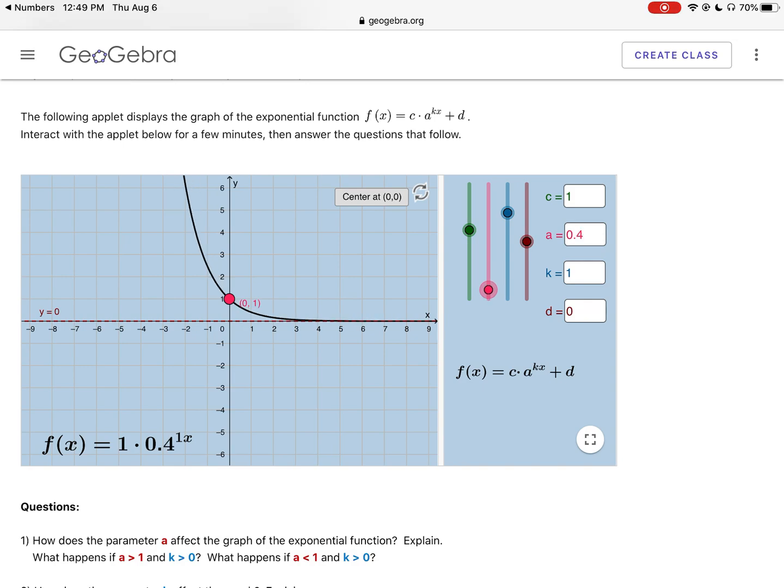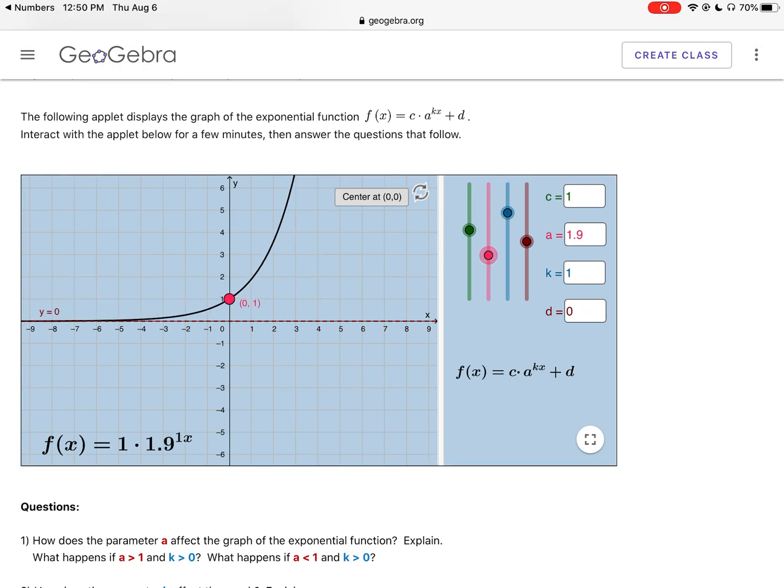What we're seeing is that when a is between 0 and 1, the curve's decreasing. When it's larger than 1, the curve is increasing. But notice no matter what, the y-intercept is at 1 right now, and that asymptote is still at y equals 0, the x-axis. All right, so let's move that back to 2.